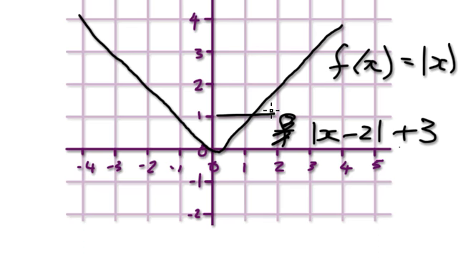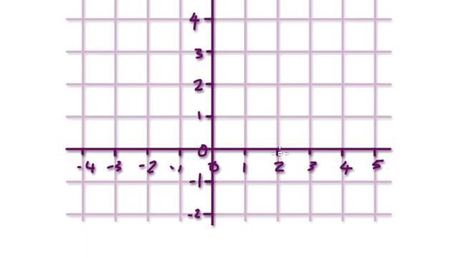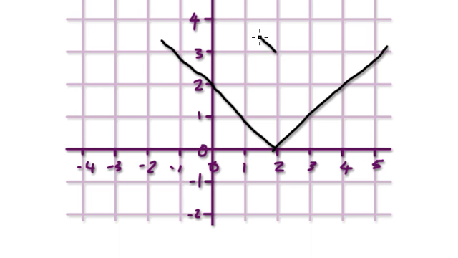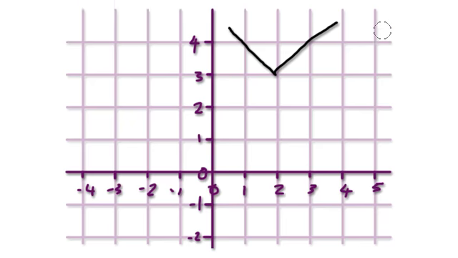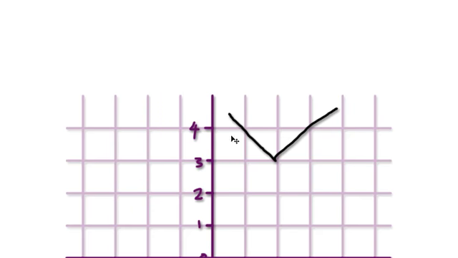In which case you move it to the right by 2 and then shift it up by 3. So you shift it to the right, so it will be like this. Then you add 3, so your new graph will look like this. Let's remove this here. If we move it up, it will look like this.